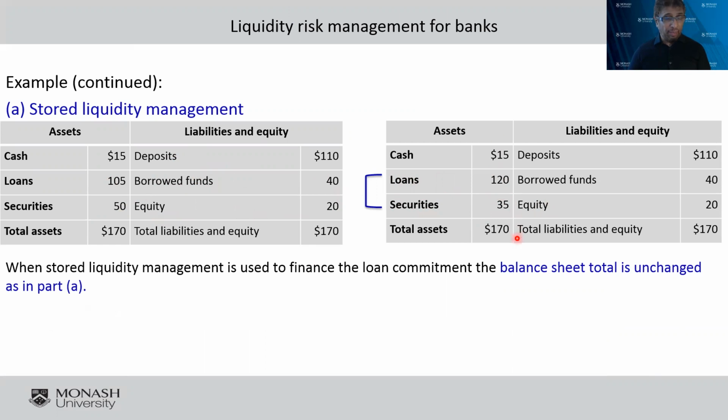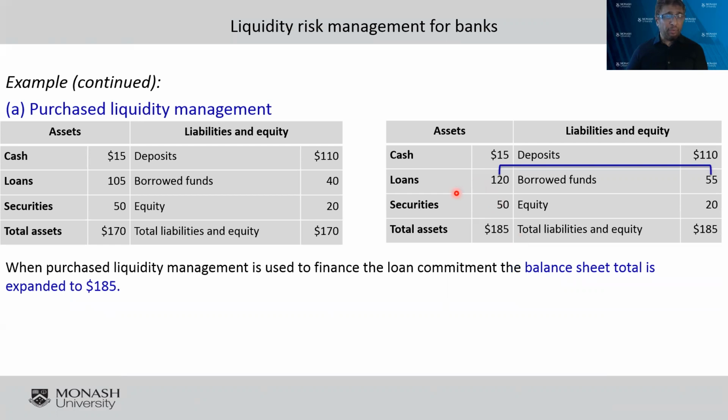What is the impact on the balance sheet? Nothing, it's still 70. So the third case, when we have a liquidity risk coming from the asset side, and you finance it through the asset side, there will be no change. You just get out of some assets called cash and bring in some assets called loans.